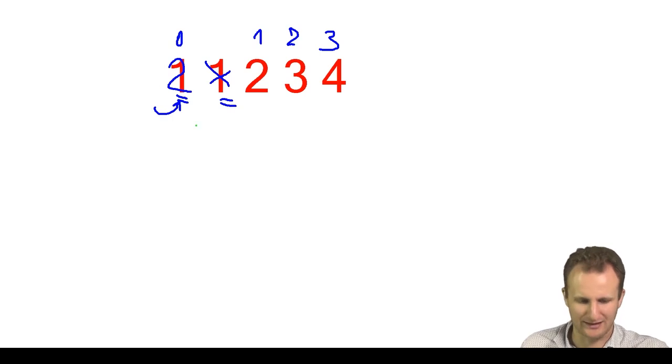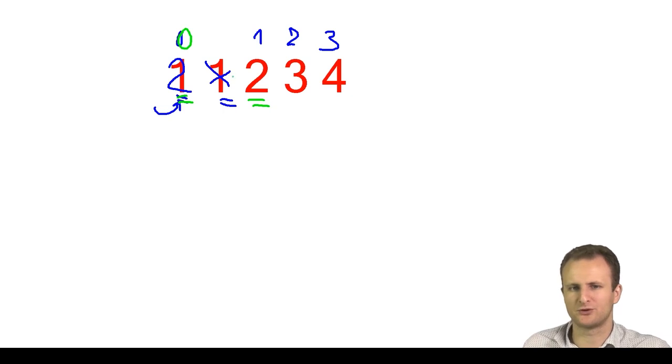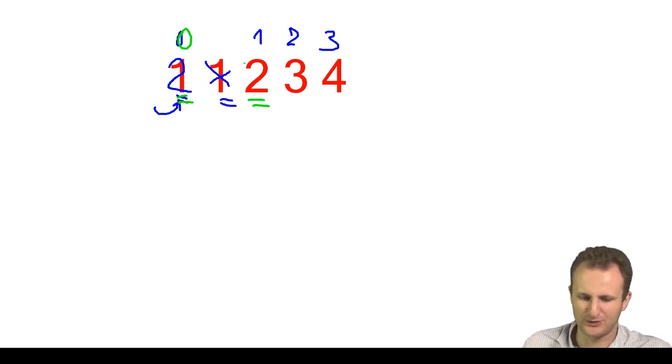Now I have to check again, because at index 1 I might have another equal item, and I do. I remain at index 0, and I check the 2 from index 0 with the 2 from index 1, and I see another opportunity for creating a sum. I do that sum, and I receive 4 here. 2 plus 2 is 4. And I remove this item. So what happened now?